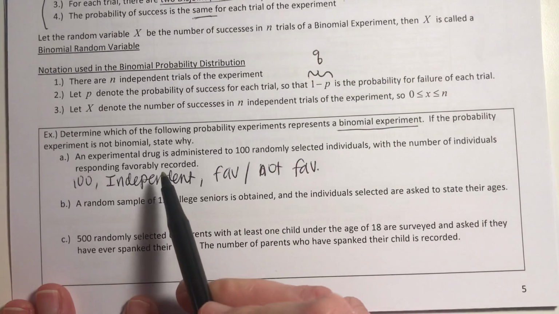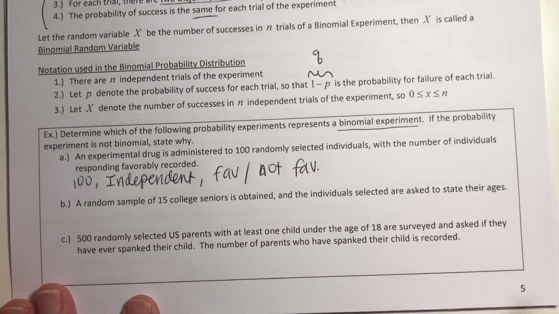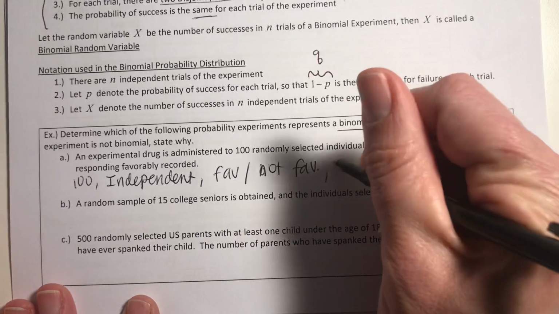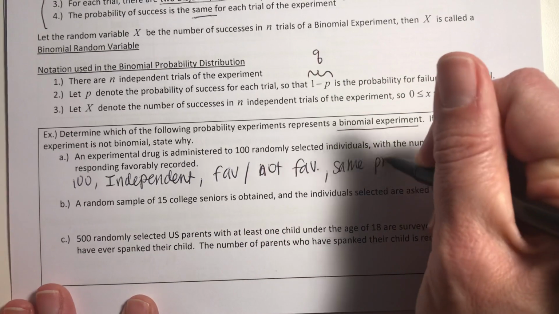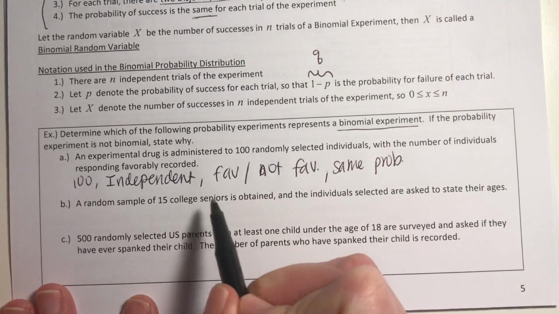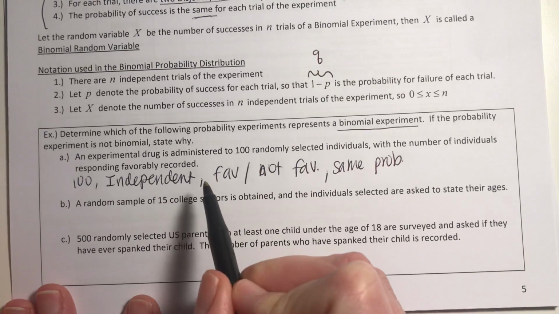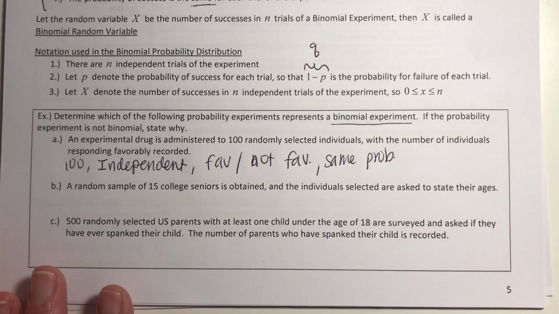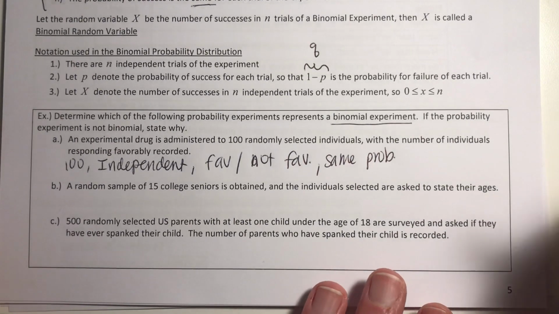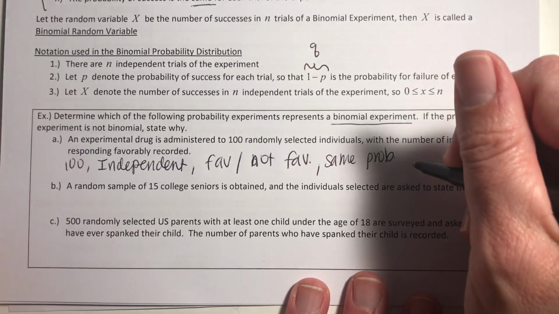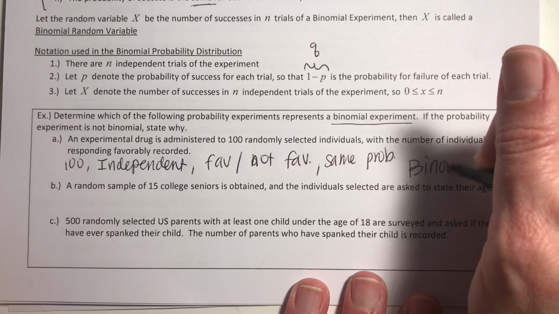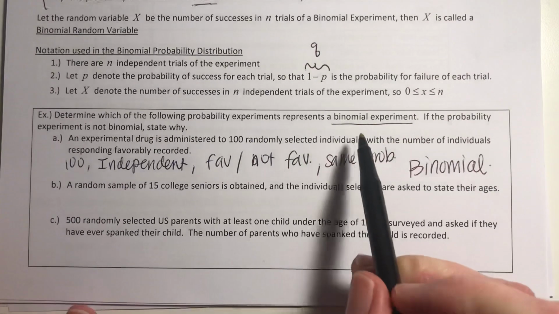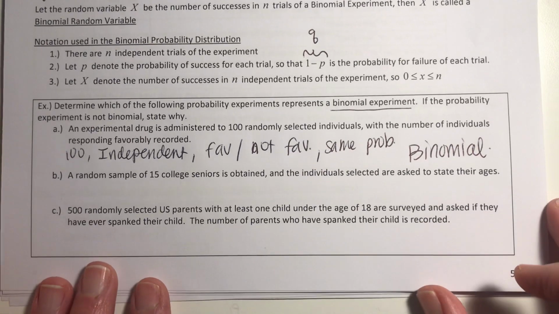And I'm going to say that the probability for each person would be the same. This problem doesn't really give us that information, but usually for the problems that we are seeing on our own for homework, it would state that the probability would be equal to like 1/2 or something. So therefore, we can say that this is binomial. This follows a binomial distribution.